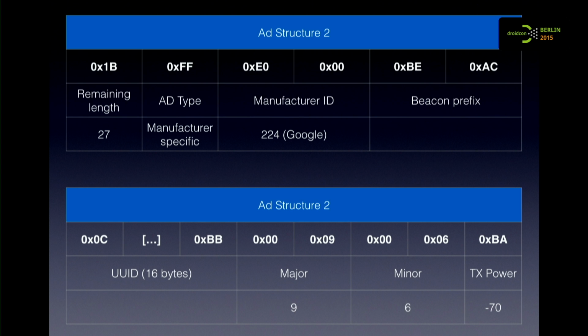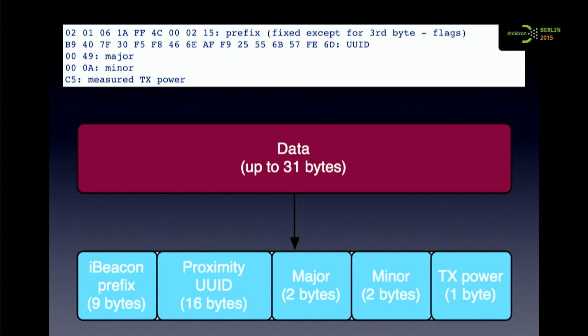And in general, you can see how the data looks. The first 9 bytes are beacon prefixes containing information about vendors, about beacon specific information, about data specification.